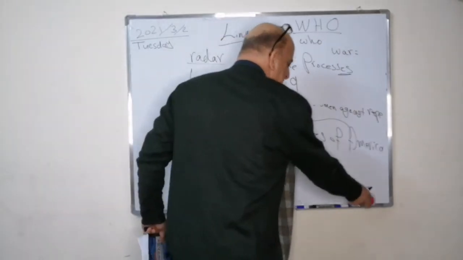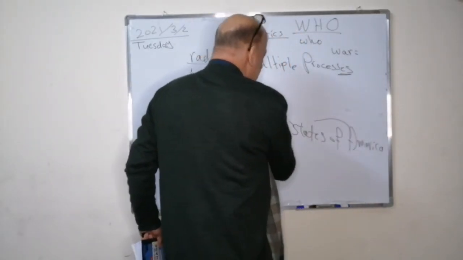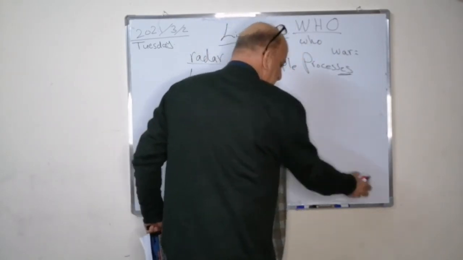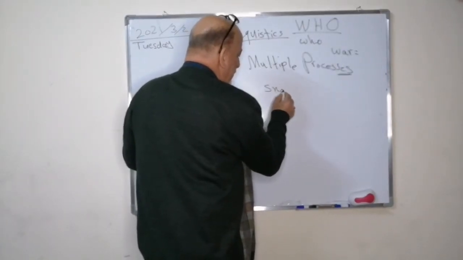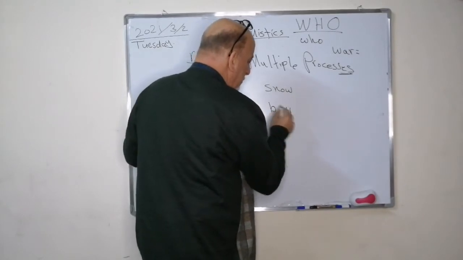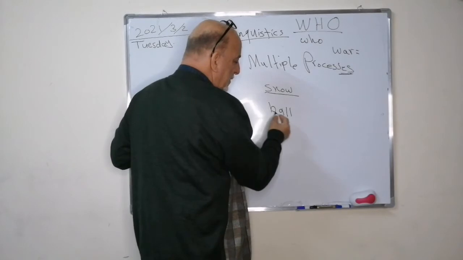Okay, let's take an example. I take, for example, snow, and then ball, snowball. We have snow, we have ball.